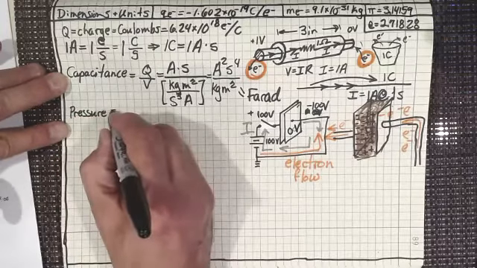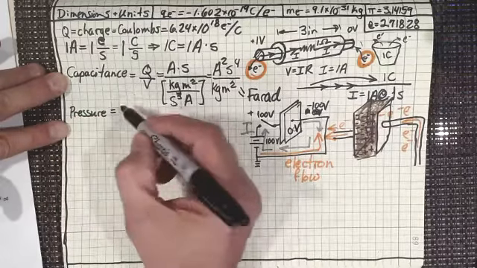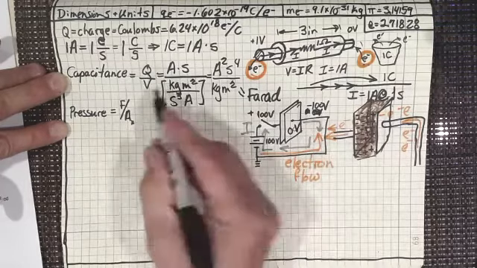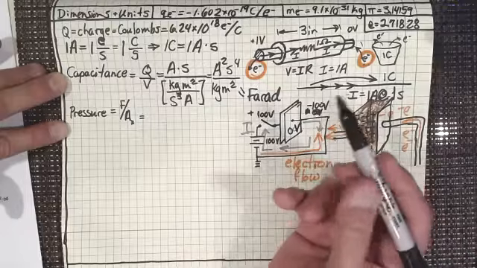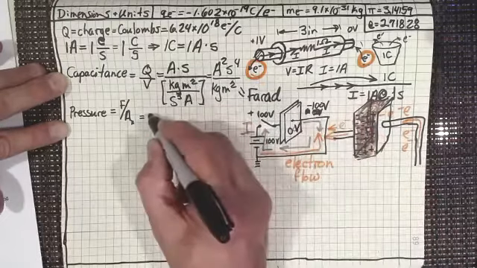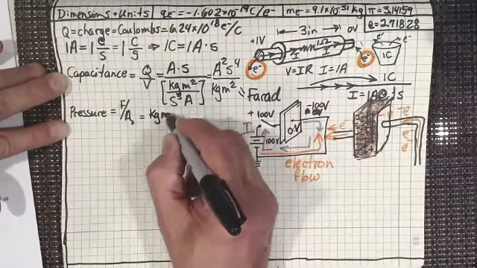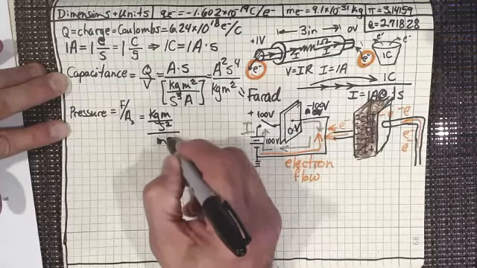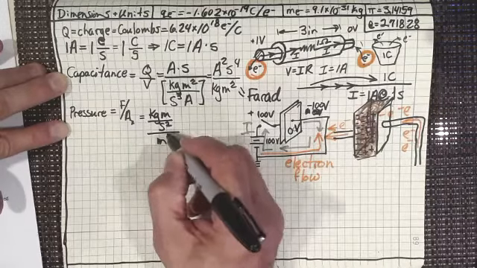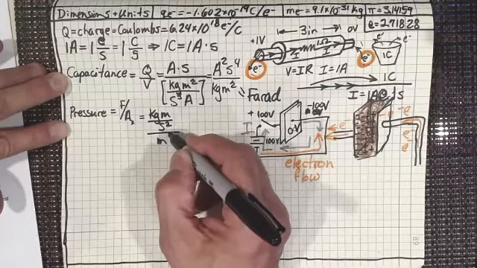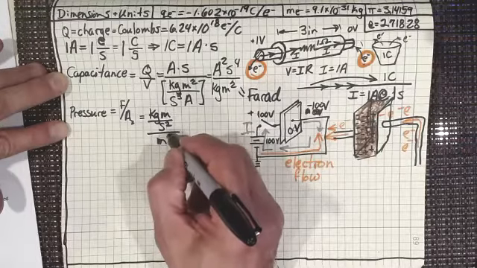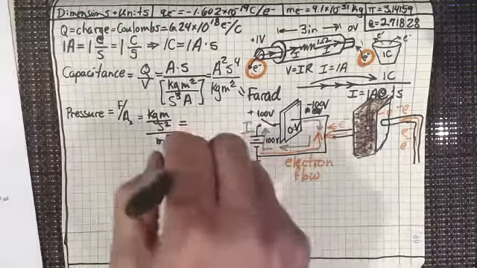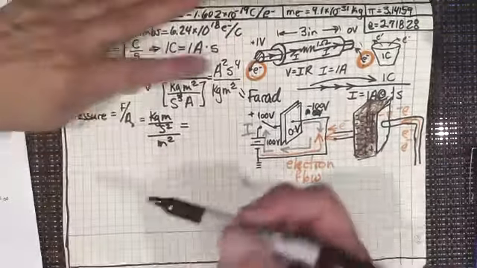You know, pressure, if we define an equation, it's really force per cross-sectional area, isn't it? Force per cross-sectional area. Well, we know that force is a kilogram meter per second squared, and we know cross-sectional area is meters squared. Sorry about that. I was thinking of the next unit that I'm doing while I'm doing this one.